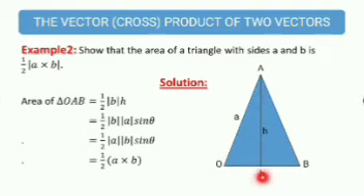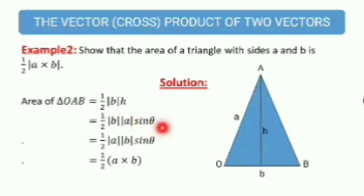Is that clear? If you make h the subject of the formula, sine theta is equal to h over modulus of A. So h is equal to modulus of A sine theta.